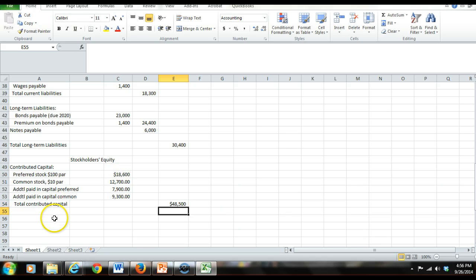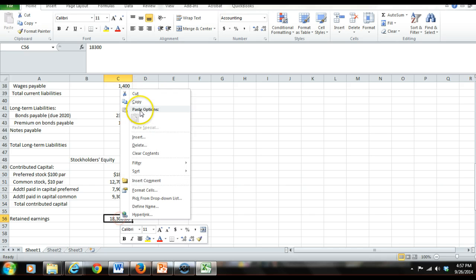$48,500. The next portion is to add our retained earnings. This is also where we would put in our other comprehensive income. We don't have any, so our retained earnings is showing at $18,300. And then our total stockholders' equity section, let me just put that one over here, 18.3.